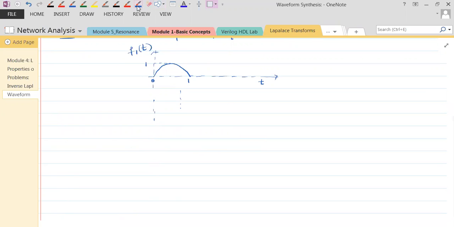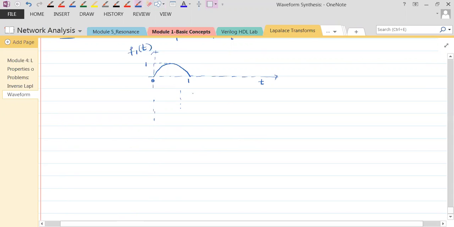we have seen this and done this already. F1 of s would be pi by s square plus pi square, into 1 minus e power minus s.